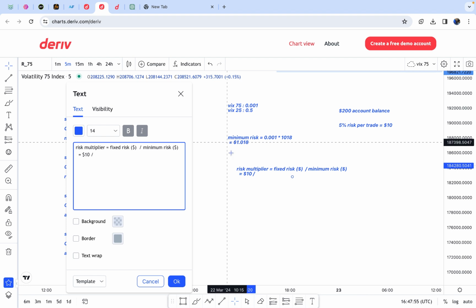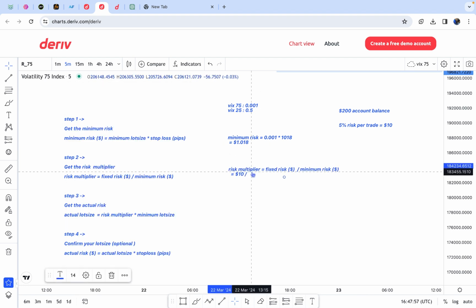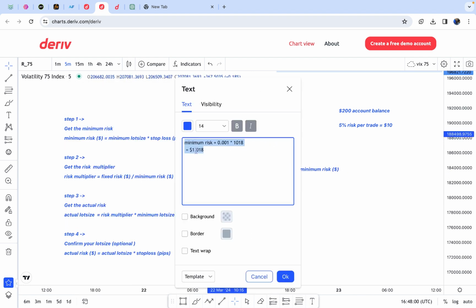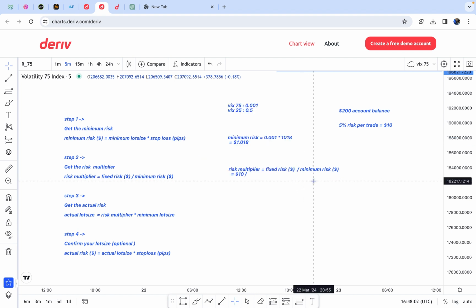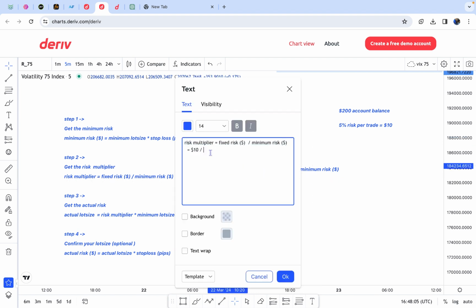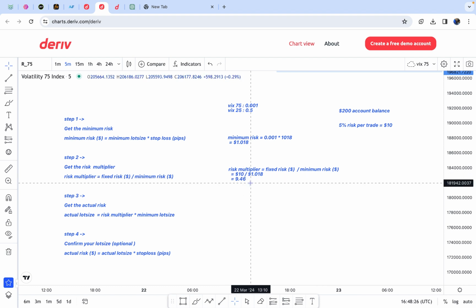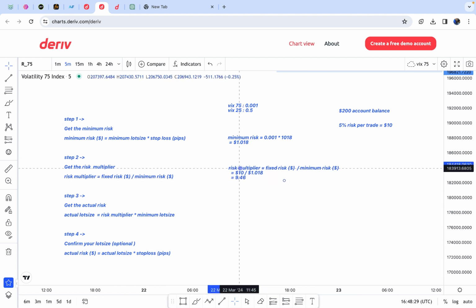According to this area, our minimum risk is $1.08, right? So we just put $1.08. With this, if we do the maths, we get about 9.46, give or take. So 9.46 is what we'll be having for step 2 is completed.